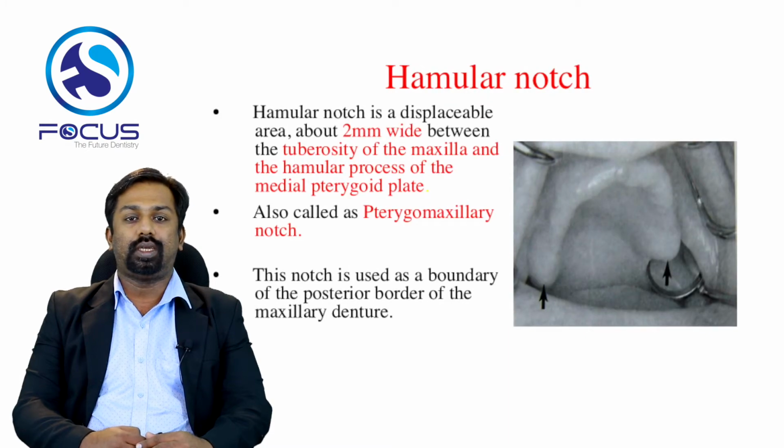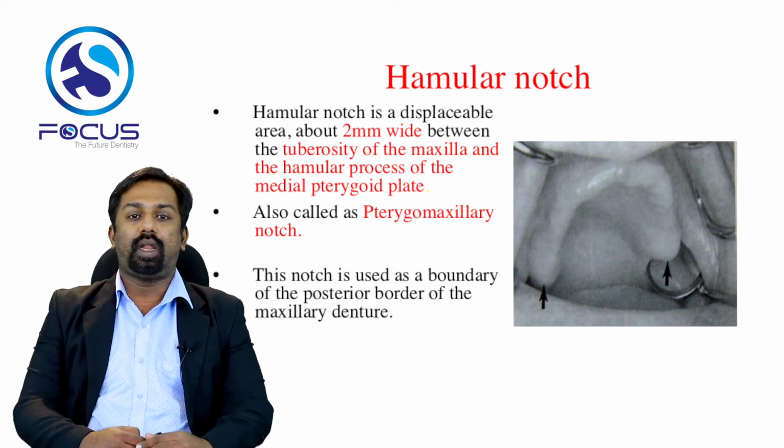Hamular notch. The Hamular notch is a displaceable tissue which is present between the maxillary tuberosity and the hamulus of the medial pterygoid plate. It's also known as pterygomaxillary notch. It also determines the posterior boundary of the maxillary denture.